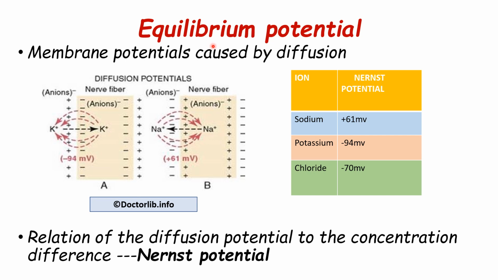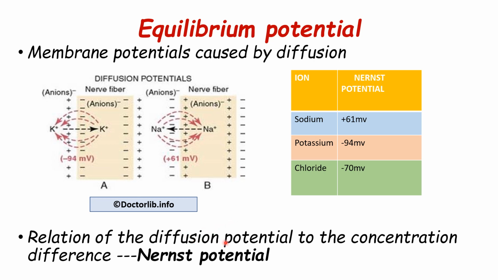Now, the membrane potential, as I said previously, is because of the concentration of ions and the permeability of the cell membrane to different ions. So this membrane potential is caused by diffusion. So what is this equilibrium potential?